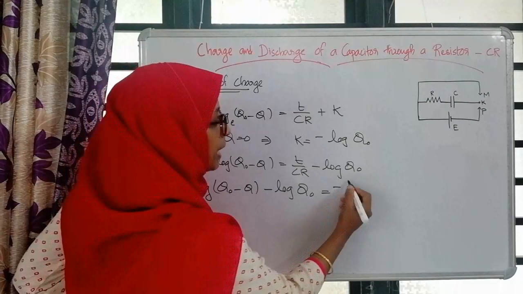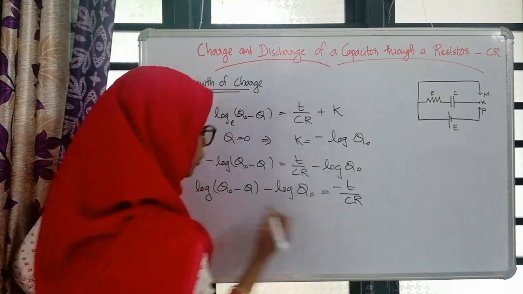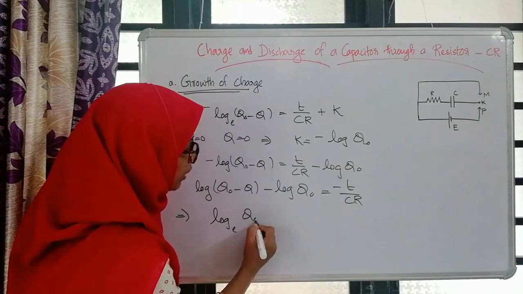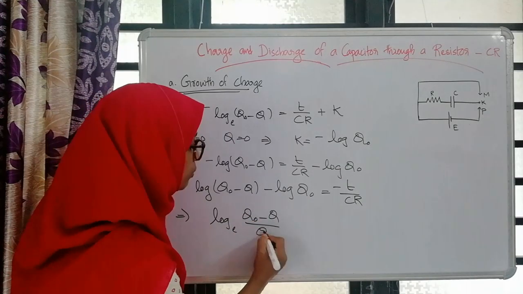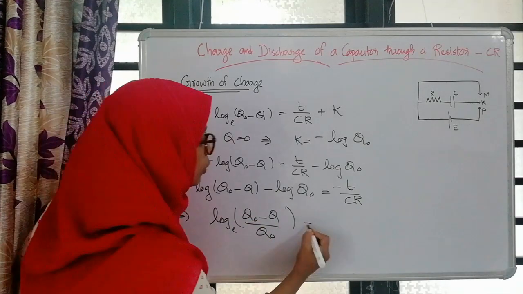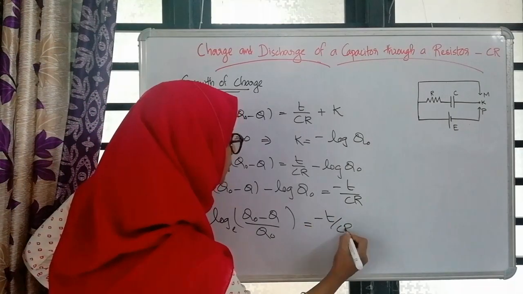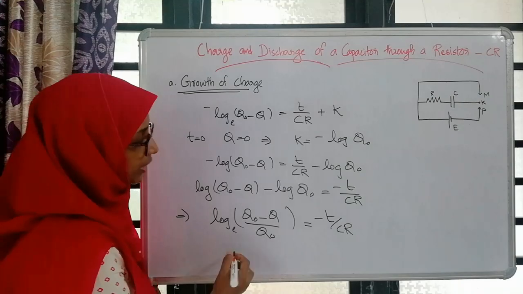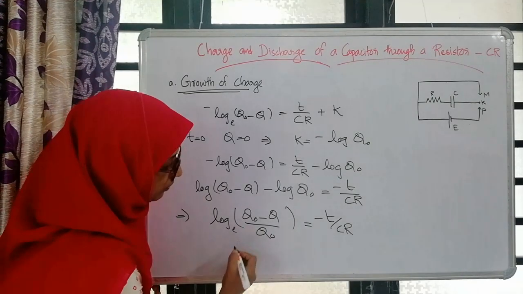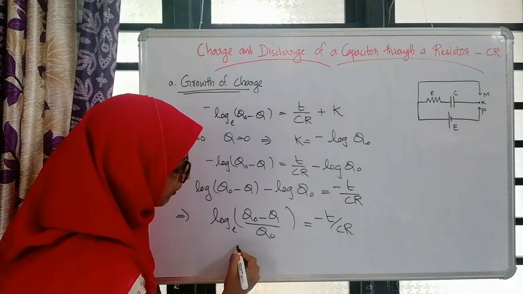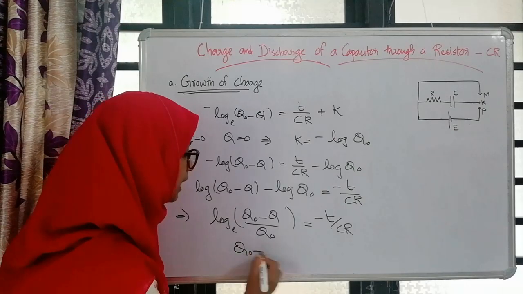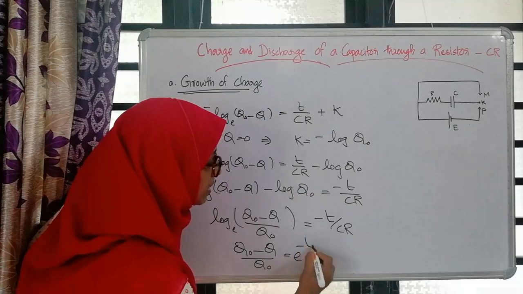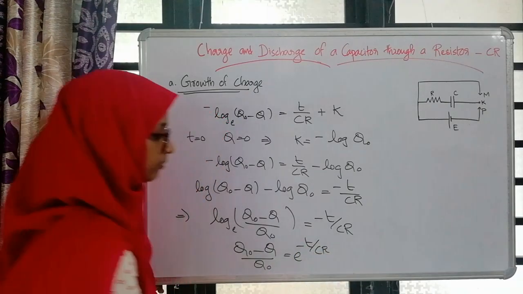That is equal to minus t by CR, which implies log to the base e of Q0 minus Q by Q0 is equal to minus t by CR. When I apply the exponential, we get Q0 minus Q by Q0 equal to e raised to minus t by CR.